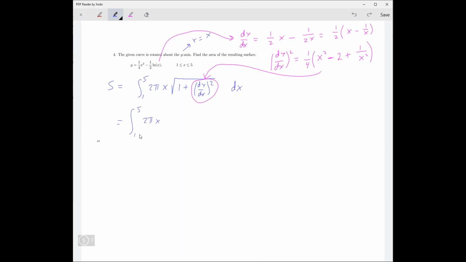So 2 pi x times the square root of, now 1 is the same as 4/4.